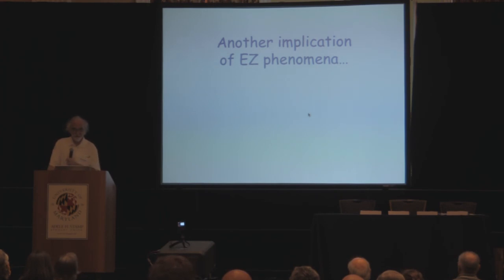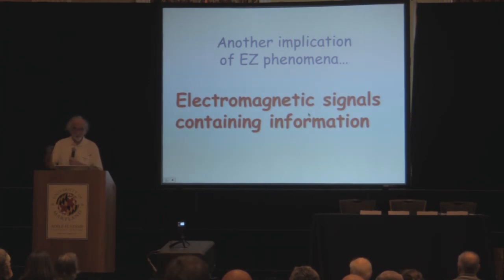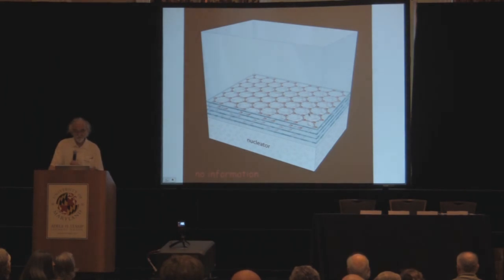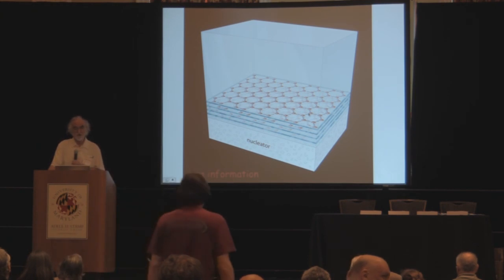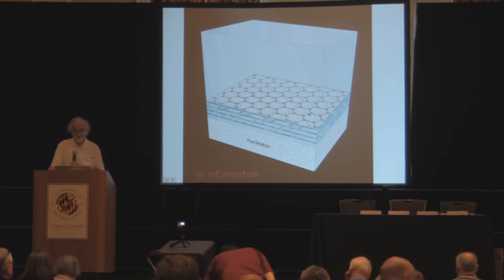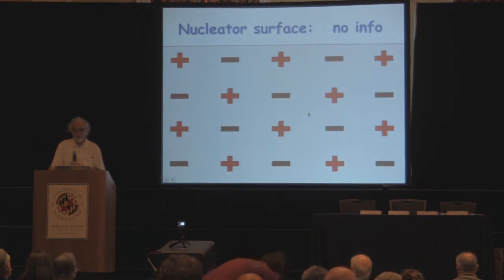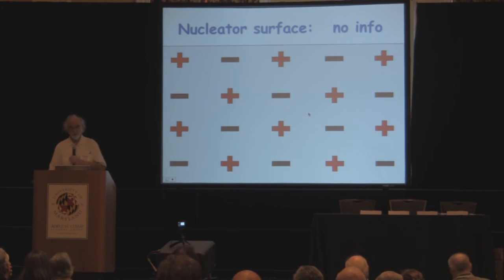Okay, one final implication, and then I'll quit, is an EZ phenomenon. Again, something that's come up fairly recently, and I think appropriate for this group, is about electromagnetic signals containing information. So we have a situation that looks like this, and this is a very regular structure, and therefore it would look as though it has no particular information to convey. Now, the nucleators, if you look at the nucleating surface, typically, this is shown here, a sort of generic one with positive and negative charges displayed on the surface, and there's no real information here because it's a very, very uniform surface.